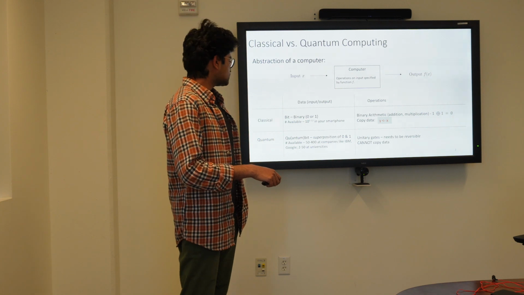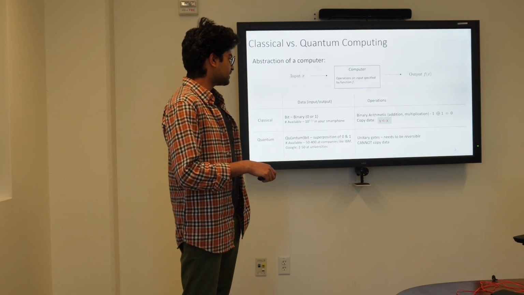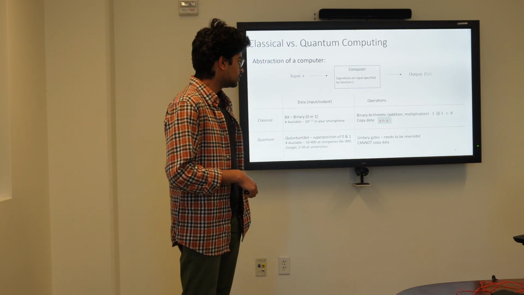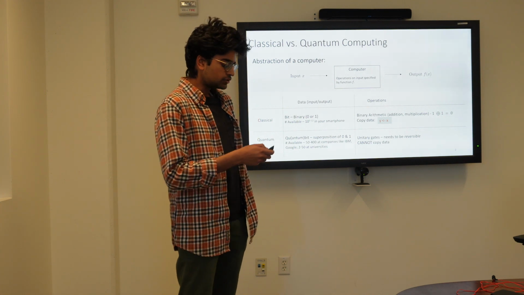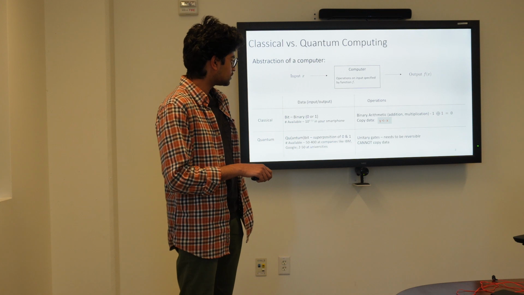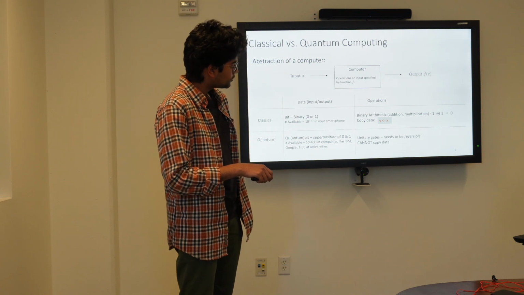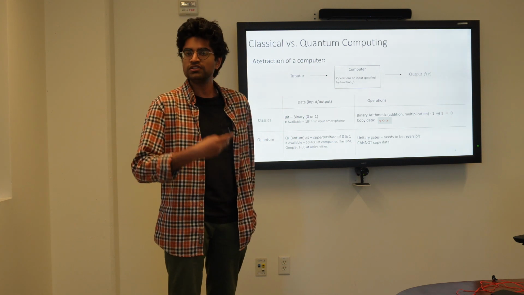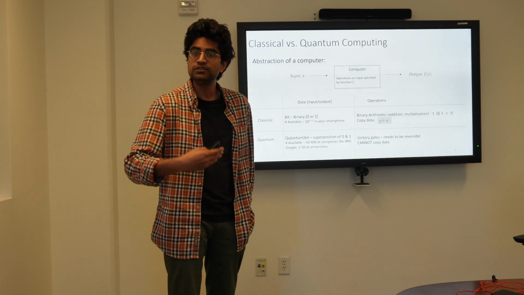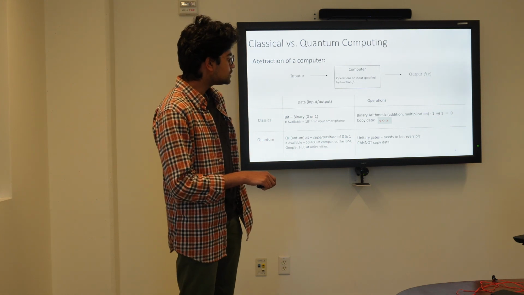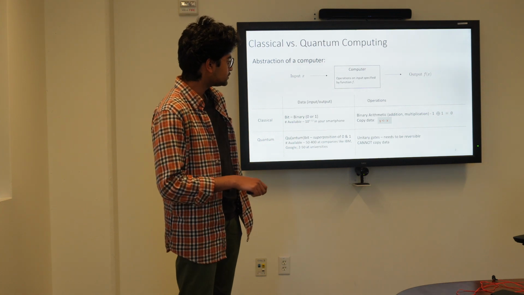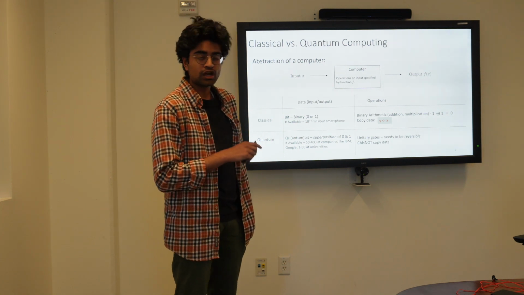On the operations, the quantum operations are specified by these things called unitary gates. Unitary is just a classification of a type of matrix, and the actual details here are not all that important. All that is important is that quantum operations need to be reversible. So if I do a quantum operation, I need to be able to undo that same quantum operation. In particular, this unitary, or reversible, condition means that I cannot copy quantum data.